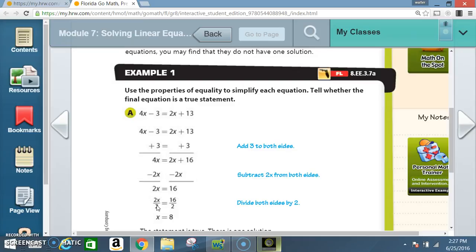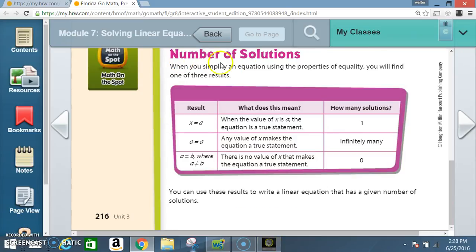All right, you just saw also equations with no solutions, and you also saw equations with infinite or many solutions. Okay, you want to get this in your notes. It's a summary, number of solutions. When you simplify an equation using properties of equality, you will find one of 3 results. Result, x is equal to a. That's like saying one solution.